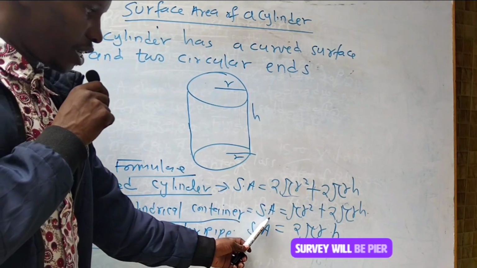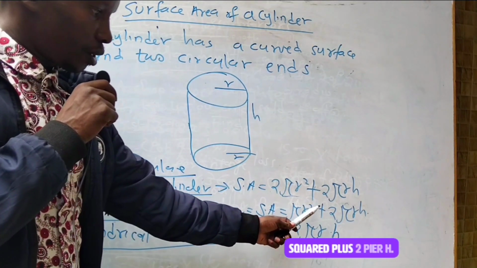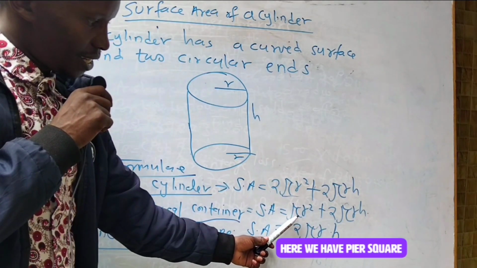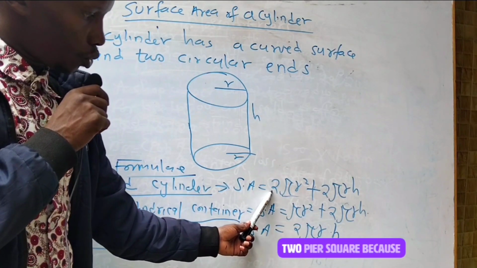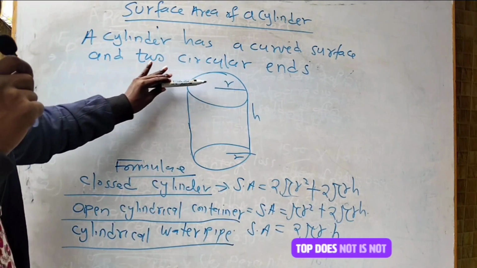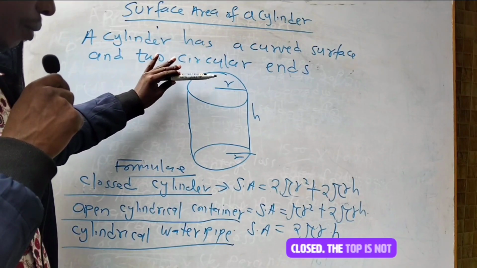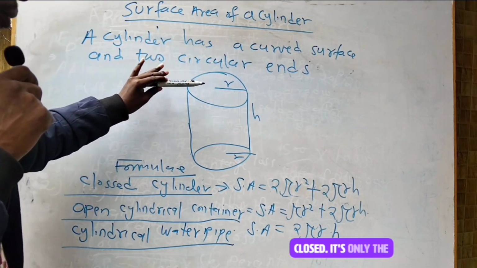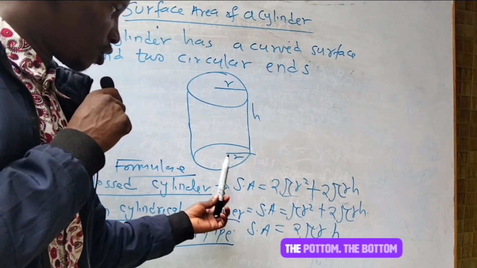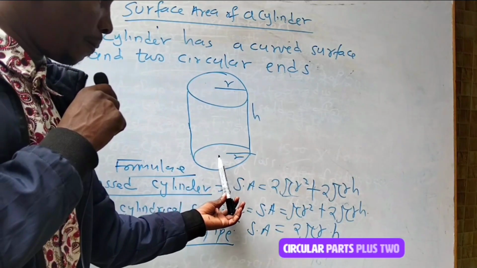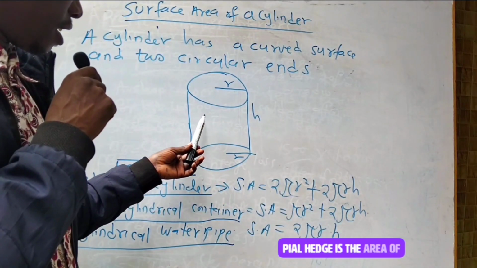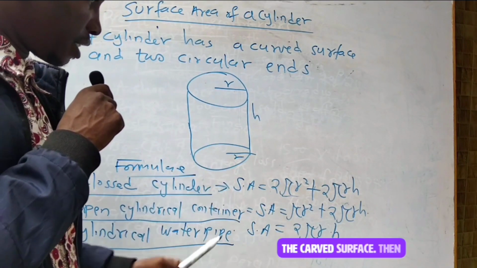So the surface area will be pi r squared plus 2 pi rh. Here we have pi r squared only, there's no 2 pi r squared, because the top is not closed. It's only the bottom. So pi r squared is the area of the bottom circular part, plus 2 pi rh, the area of the curved surface.